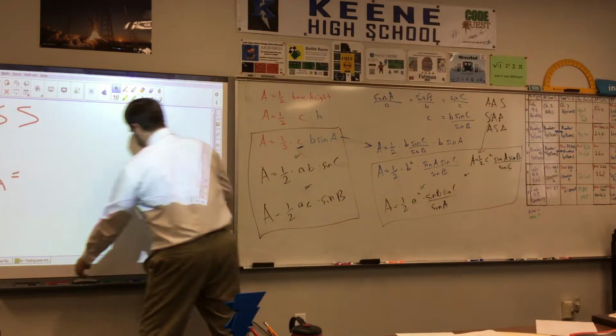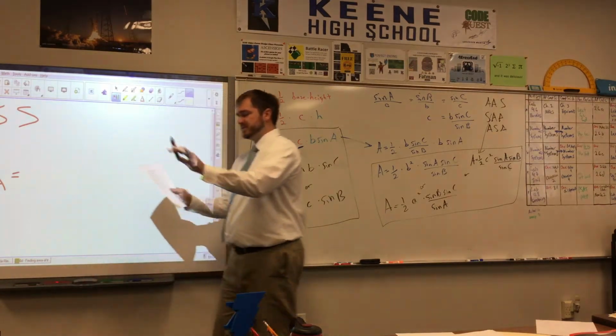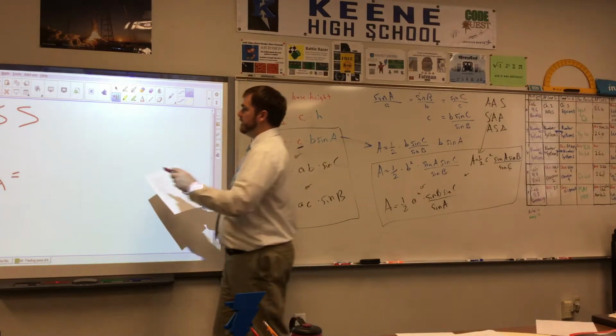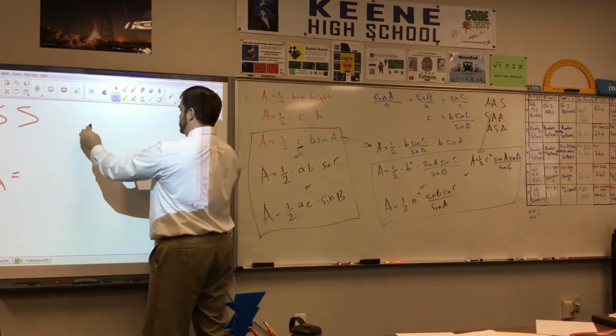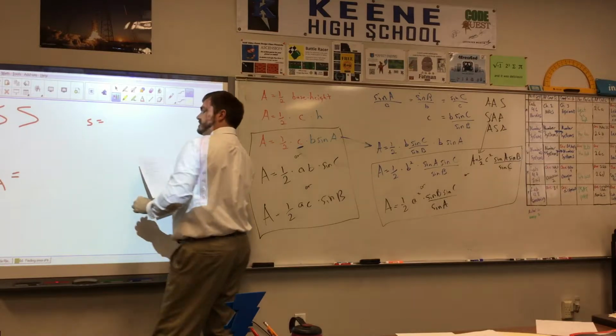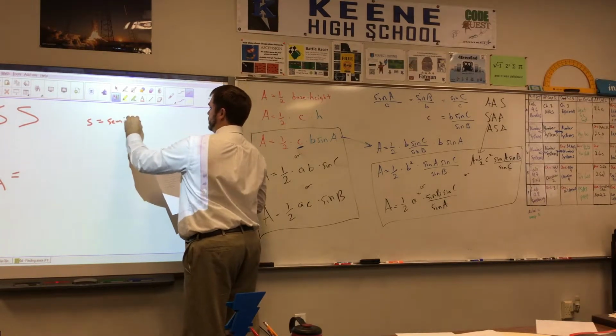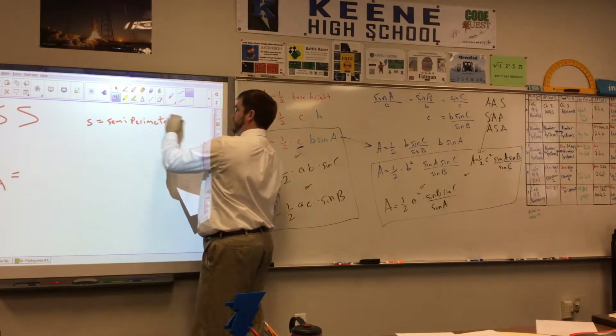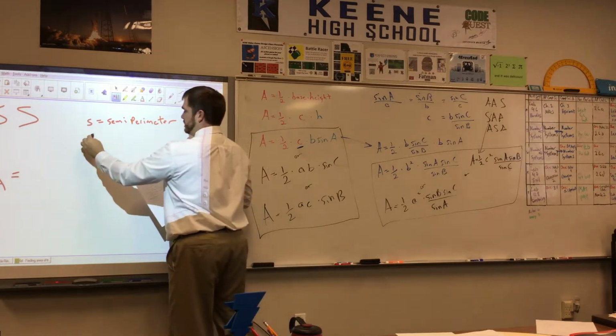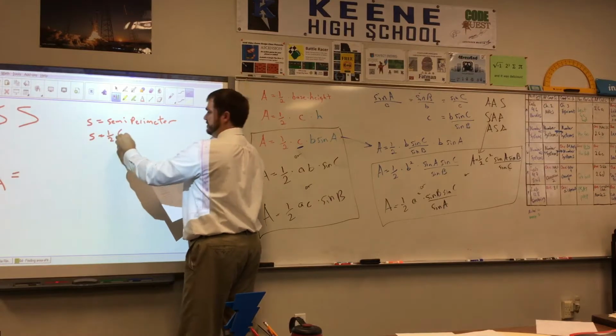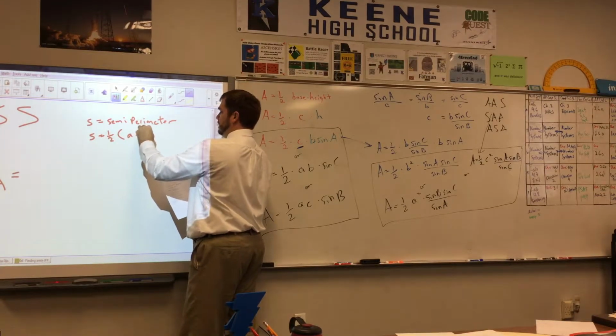Here's the formula. If I give you three sides, then the intermediate step S is what we call the semi-perimeter. It literally means 1/2 of the perimeter.